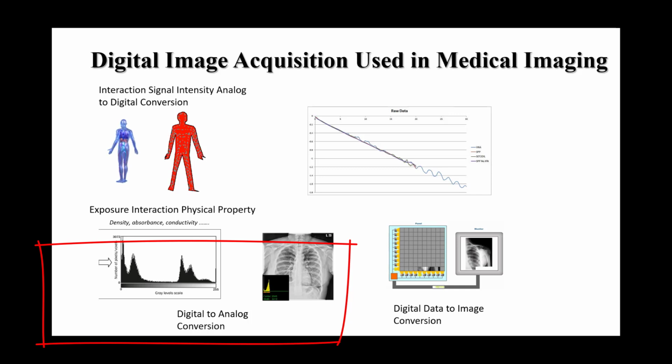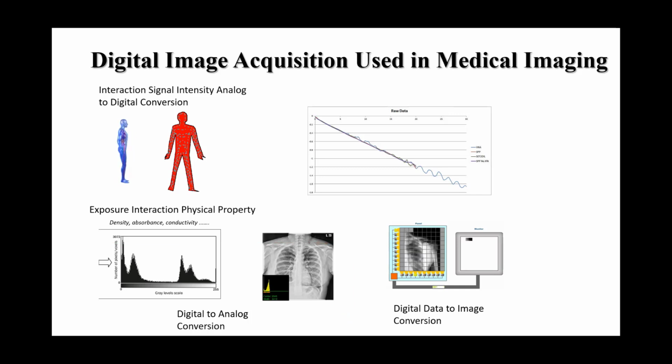This digital signal is then utilized to create an image for diagnosis, selecting the data that we want to visualize. But we cannot visualize data or numbers. We have to visualize an image. So we need to change our digital data back to an analog signal, which is visible light, or the image that we look at.